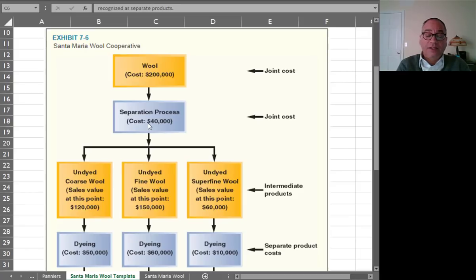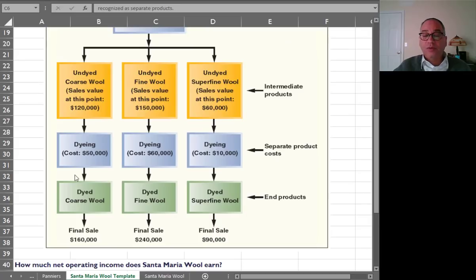At this point, the sales value of the undyed coarse wool would be $120,000, fine wool would be $150,000, and super fine wool would be $60,000.